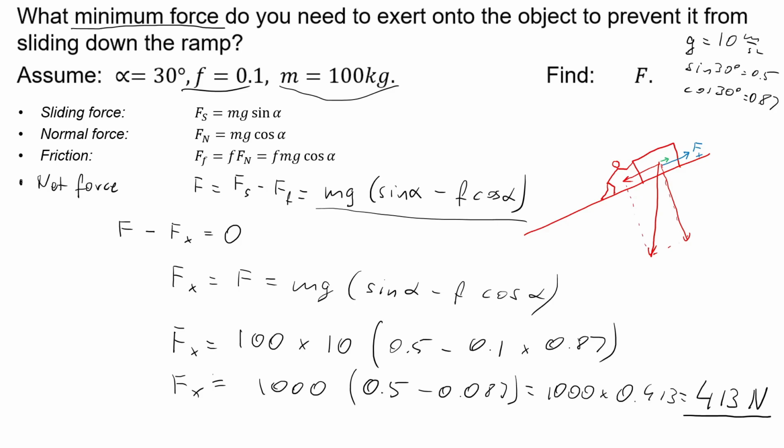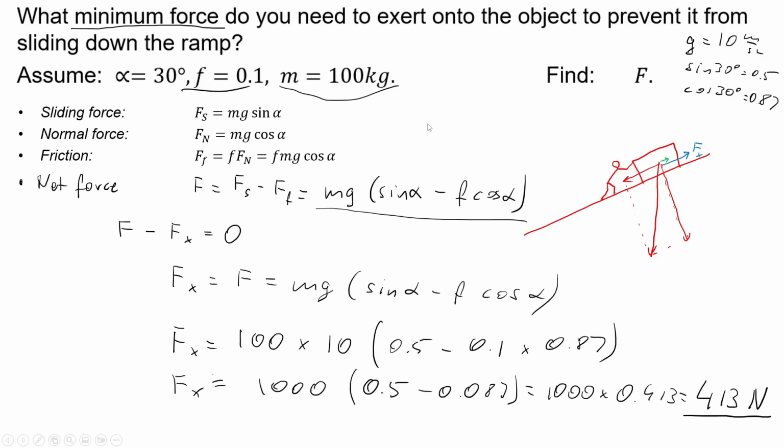413 newtons, is it huge or not so huge? Okay, it's quite a lot, but 413 newtons is the force that you would need to pull up an object which would have roughly 41 kilograms. So it's like pushing 41 kilograms. It's not a lot. It's just a fraction of the original mass of 100 kilograms.